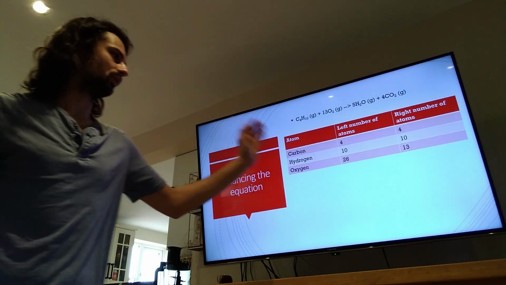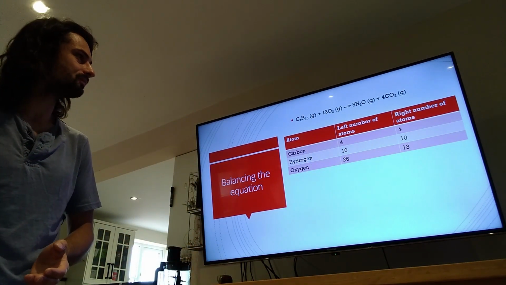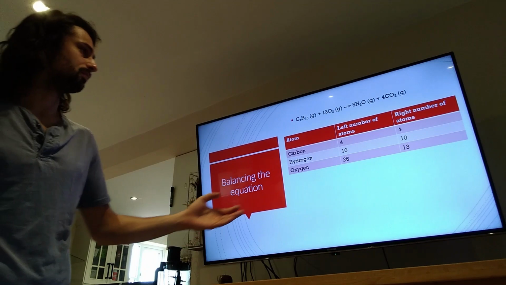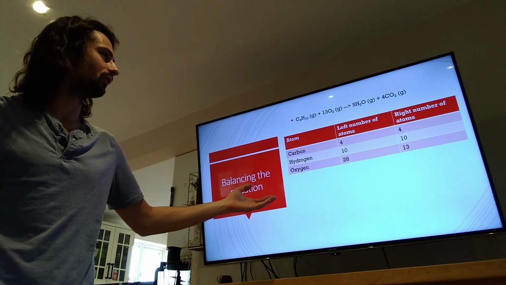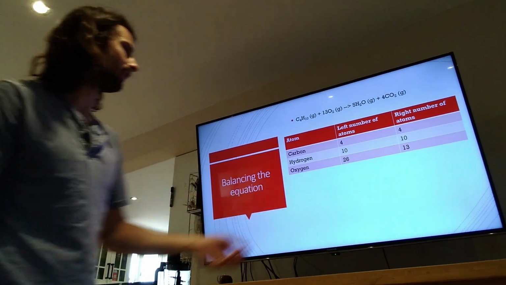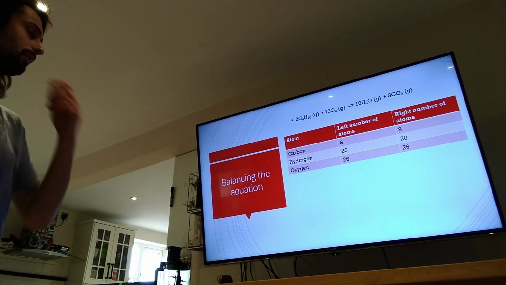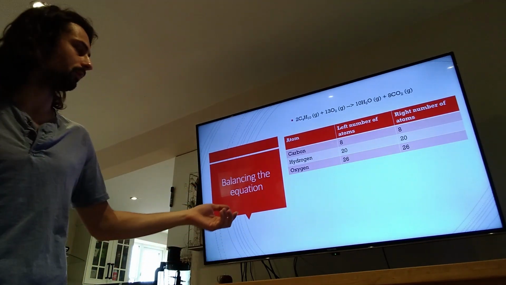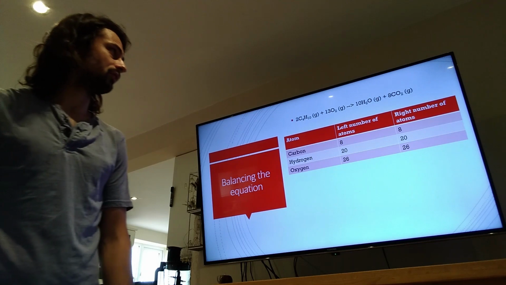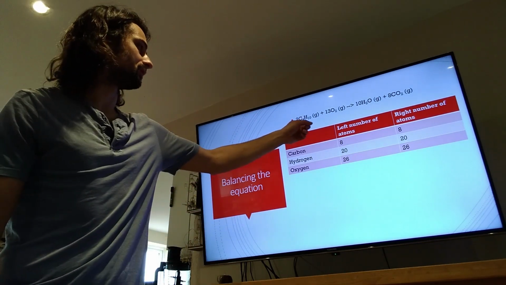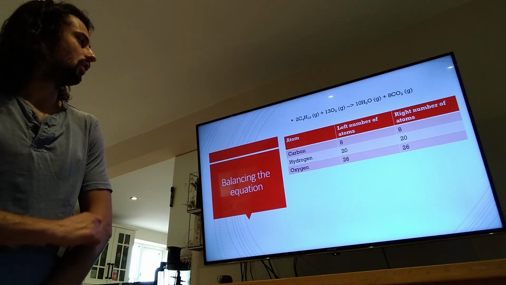So once we've doubled the oxygen, it's not quite right over there now. What we can do, but the other things are still balanced, is just double everything, and that will allow us to balance it out in full. So if we double everything else, we end up with 8 carbons either side, 20 hydrogen, so you've got 2 times 10, that gives us our 20 hydrogen, and 26 oxygen.